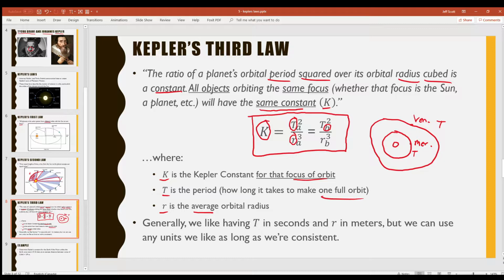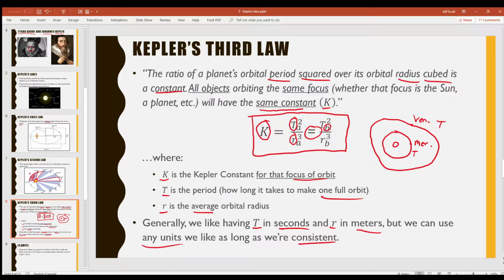other piece of information. Now, one last thing that's really important to note at the very bottom here is, generally speaking, we like having T in seconds and R in meters, just so it's consistent with every other use that we have for this. But Kepler's third law is kind of neat in that since it's just an equal ratio of two exact same fractions on both sides of this equal sign, you can use any units you like. You just have to make sure you're consistent.